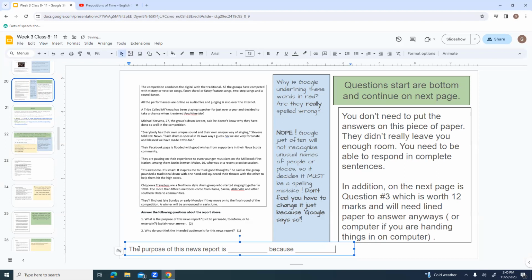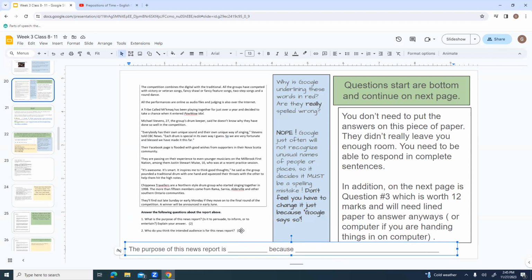If you chose persuade, why do you think it's trying to persuade people? If you chose inform, what about the article makes you think they're trying to inform you? If you chose entertain, what about the article shows you that it's about entertaining? So you have to tell me which one you chose and then tell me why you chose that.